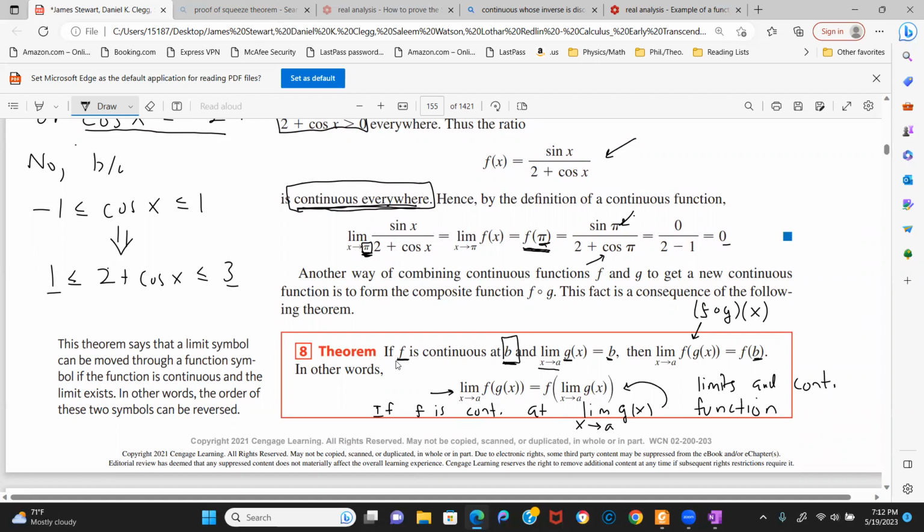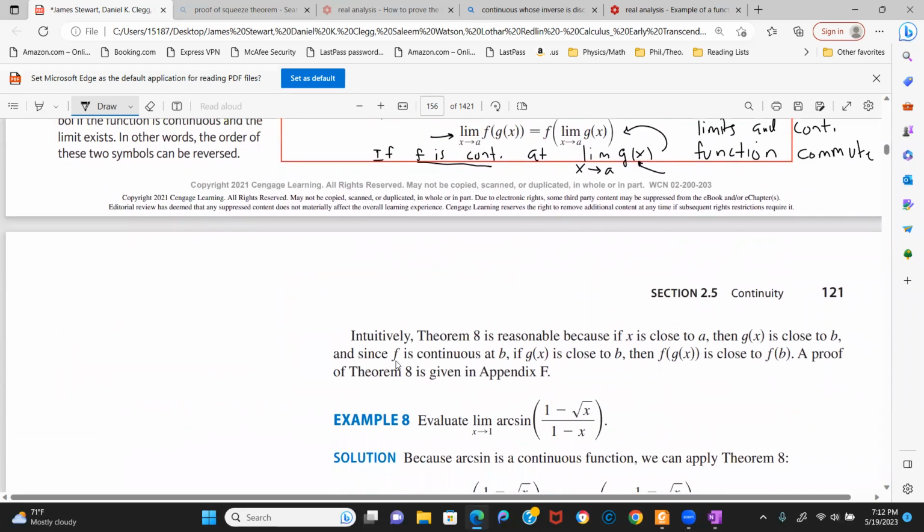Taking a limit and then applying a continuous function, limits and continuous functions, they commute. So that's what this theorem basically states. If f is continuous at this limit right here, then when you want to take the limit of f composed with g at x, you can just bring the limit operation in. And that's going to be really helpful.